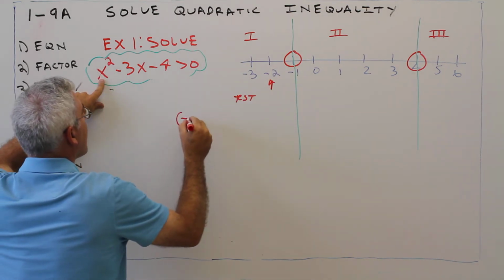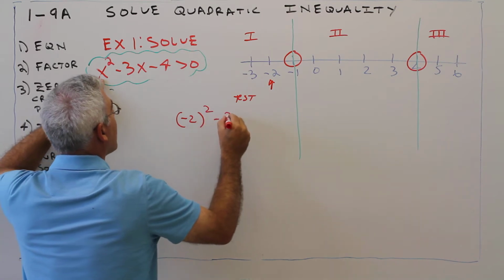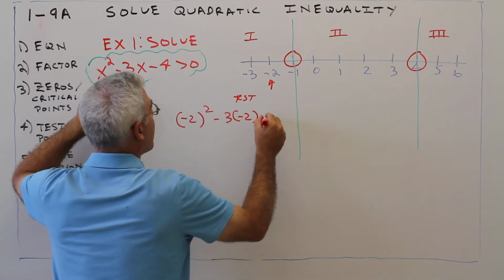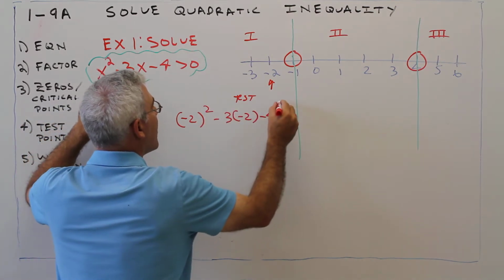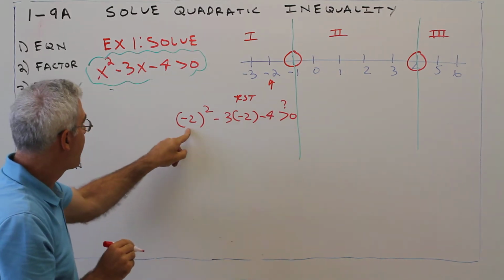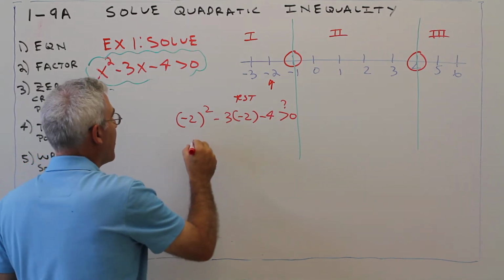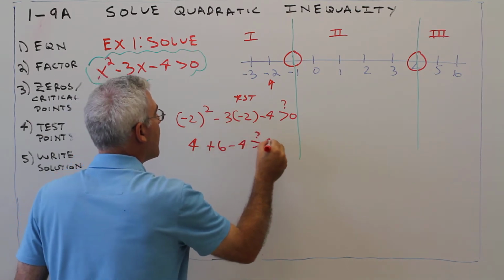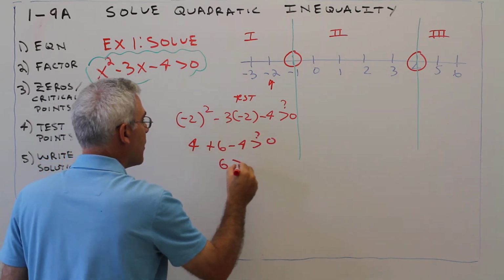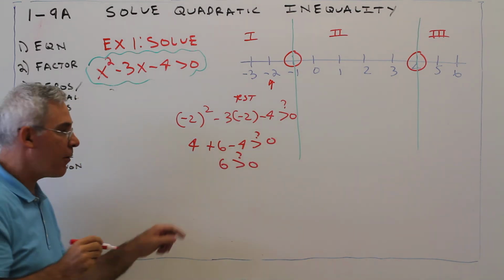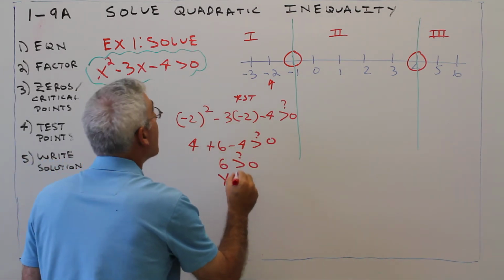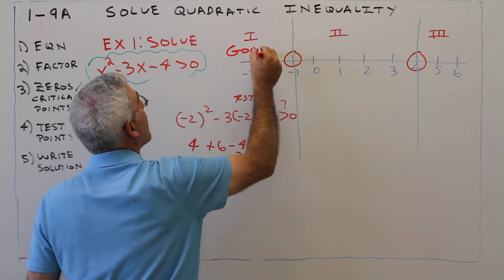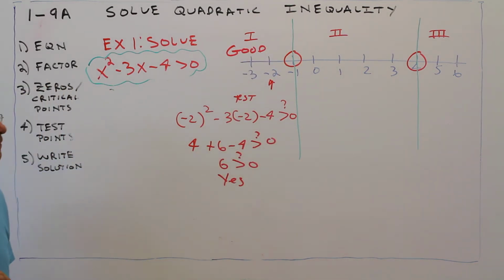So is negative 2 squared minus 3 times negative 2 minus 4, is it greater than 0? Okay, well that's going to be 4 plus 6 minus 4. Is that bigger than 0? Is 6 bigger than 0? Yes. So I call this a good region.